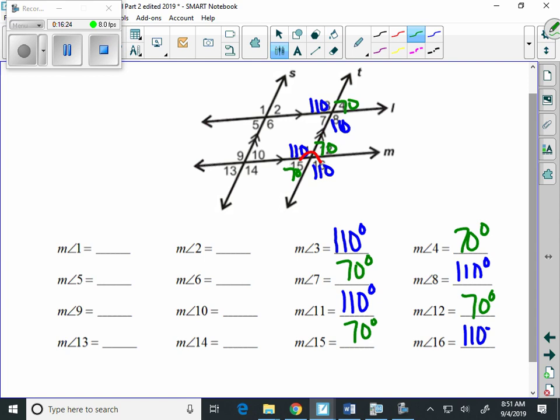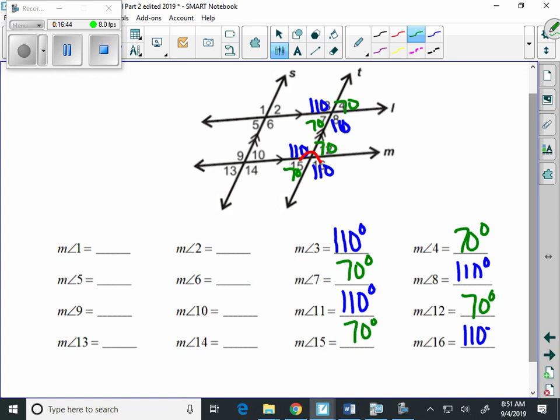Now we have all of that. But we still have 1, 2, 5, 6, 9, 10, 13, 14. Go back and look at the corresponding. If you need to, twist your paper around, if that makes more sense to you to come up with the corresponding.